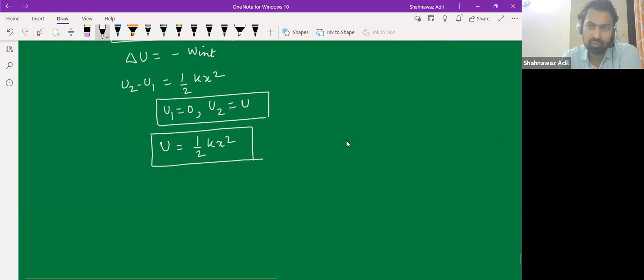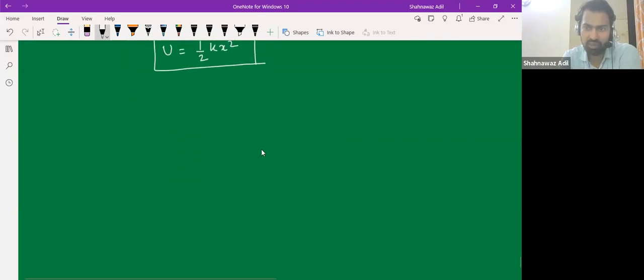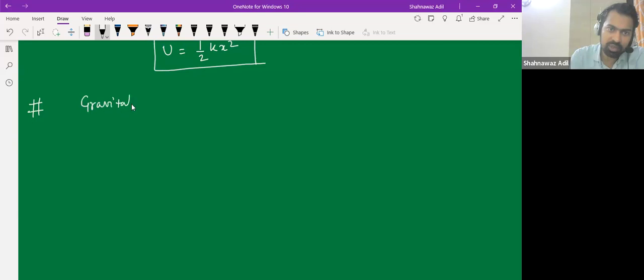Okay, then let us understand. So you already saw, from the work energy theorem, or let us repeat this one, what gravitational potential energy is, and this is mgh.